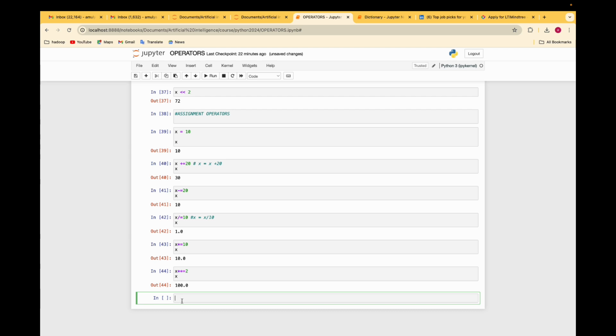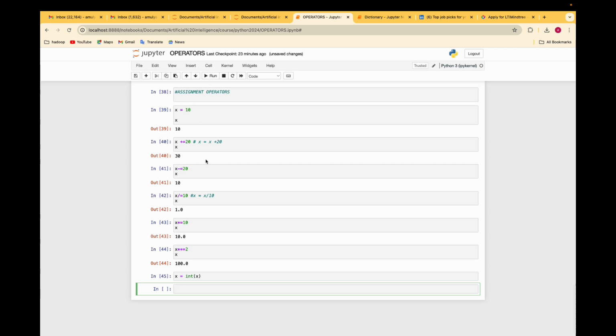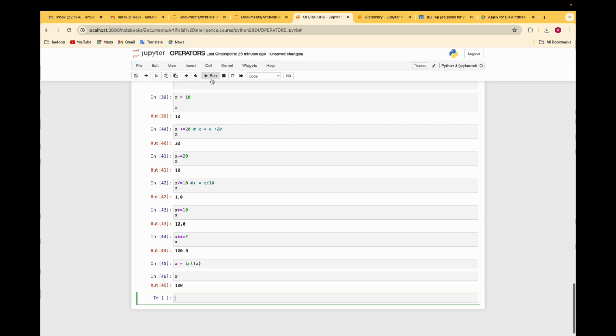How about x equals to int of x? Then when you run it, you see 100. You are assigning the integer value of x. Before it used to be decimal, 100.0, but when you convert it into integer, it is just 100.